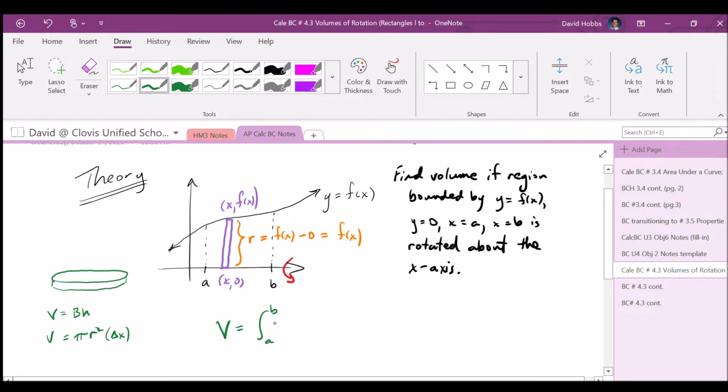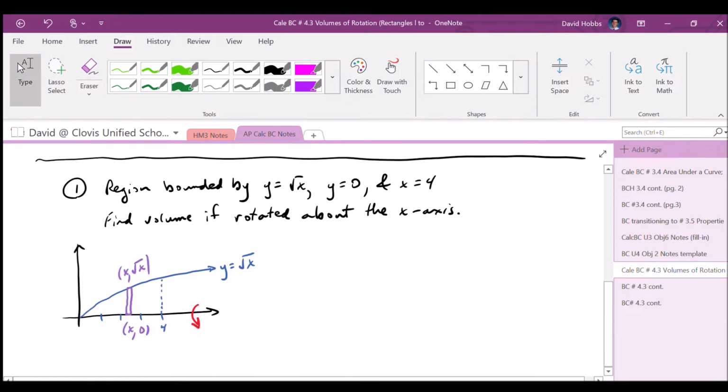So pi, now r is f of x in this case, so f of x squared, and as we make the transition from pre-calculus to calculus, the delta x becomes a dx. Obviously, the pi could be brought out in front, but that's what we would do for this particular one.